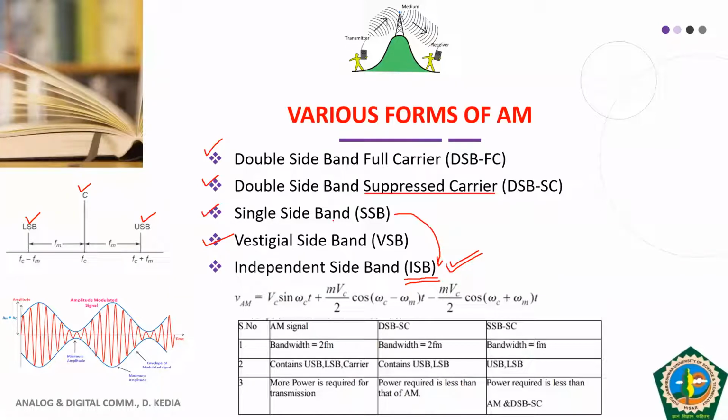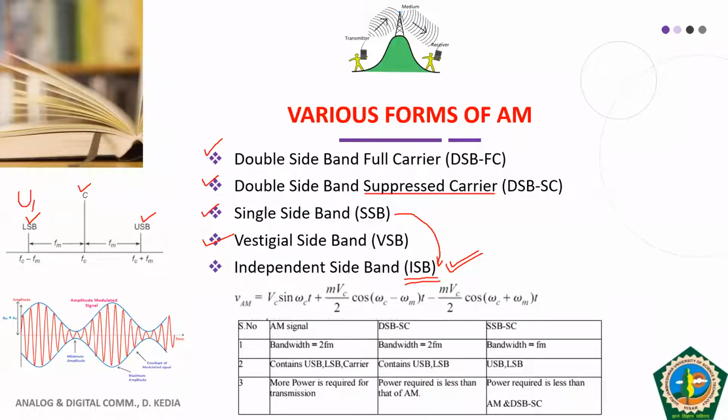In single sideband, what we did, we removed one of the sidebands, and only one sideband was transmitted, carrying information from one user. Whereas in case of independent sideband, both the sidebands will be transmitted, but in both the sidebands, the information will be different.